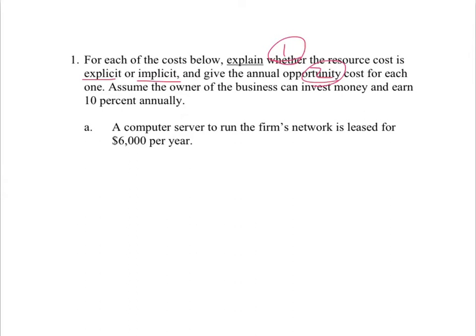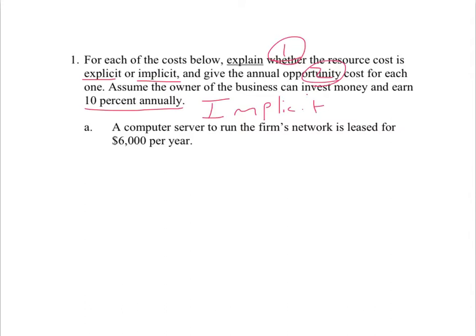This is important. We're going to assume that we can invest our money and earn a 10% rate of interest. This will be most important for some of our implicit costs. So keep that in mind as I change slides. Just remember that there is a 10% rate of interest we can earn on our money.